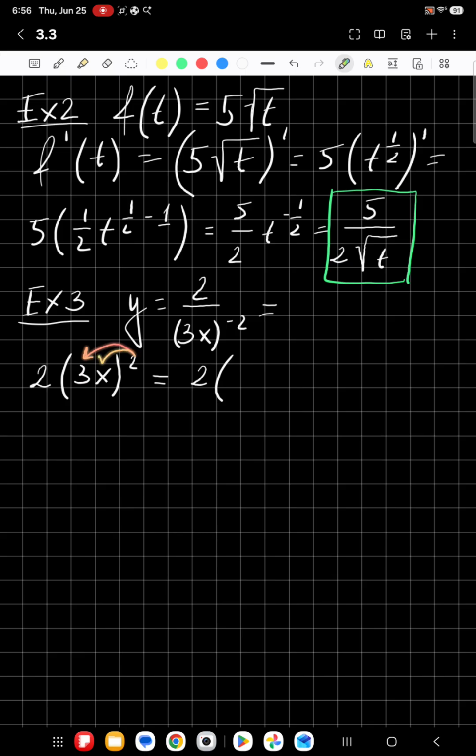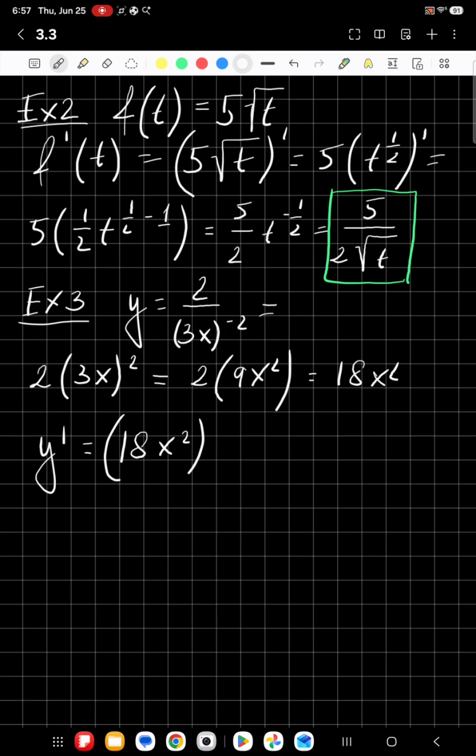That's not really the correct wording, because that's not really the process of distributing, but essentially that's what's happening. So that would be 9 and then x squared. All right, so now finally it will be 18 x squared. So y equals 18x squared.